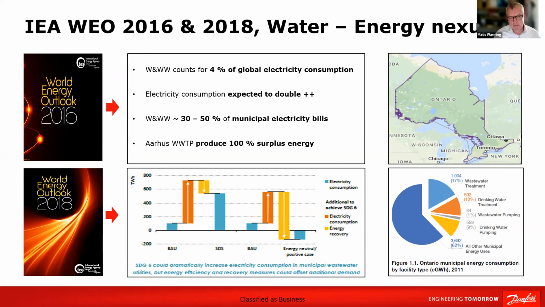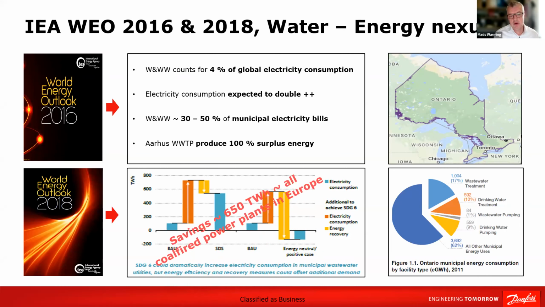What they then also tried to investigate was, yes, that's true, but what if we do it a little bit more clever? The way they looked at it was that they visited the case I will show you, which is Aarhus Water, and looked at if everybody operated their wastewater facility the way they do in Aarhus, what would the difference then be?